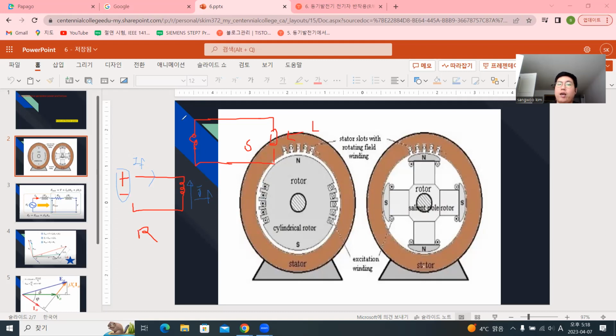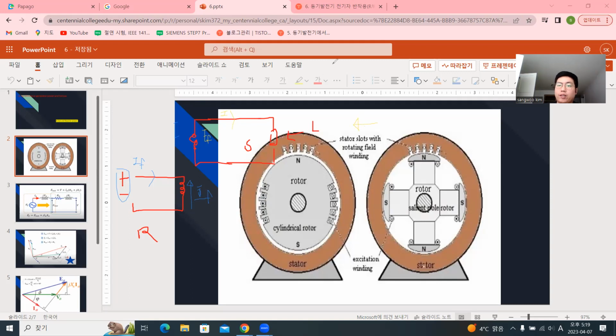And it makes an induced voltage, E_F, in the stator. If there's no load, there's no current, which means it's done.